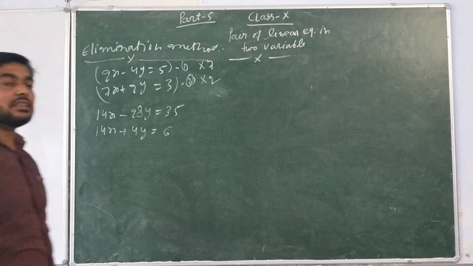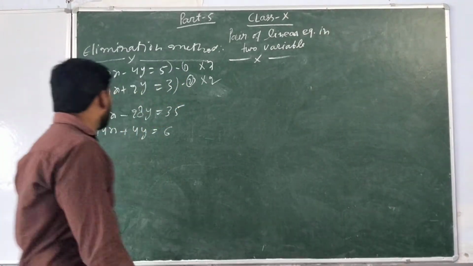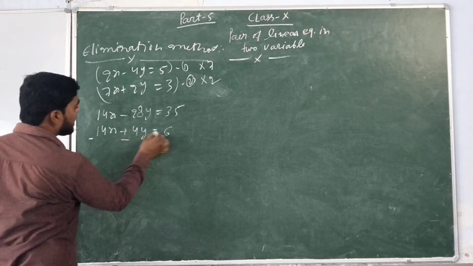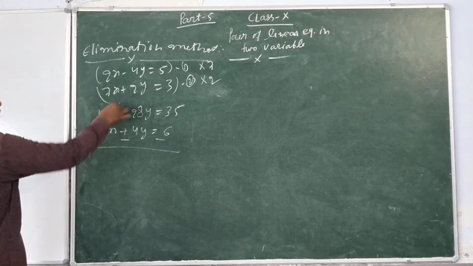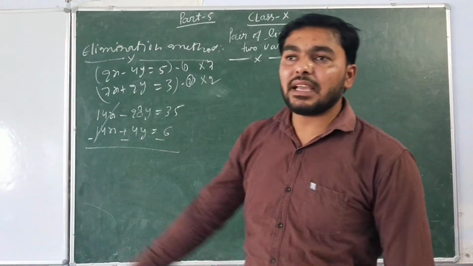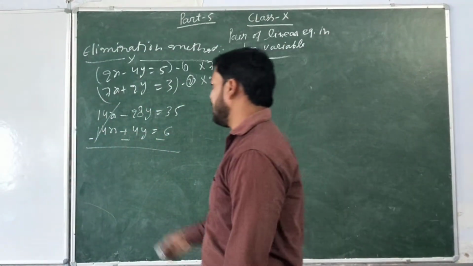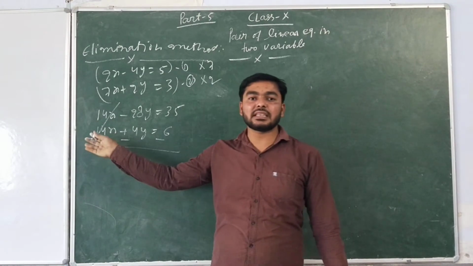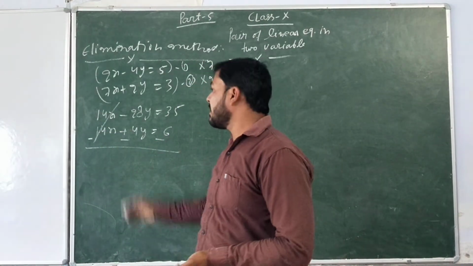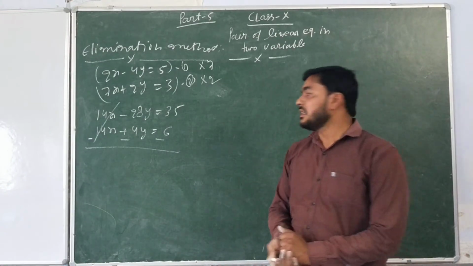Now subtract one equation from the other. So change the signs: plus will be minus. 14x will cancel out each other because they are equal and opposite, one with a plus sign and one with a negative sign.